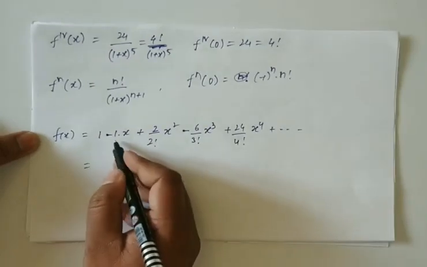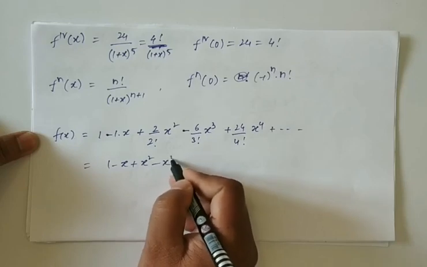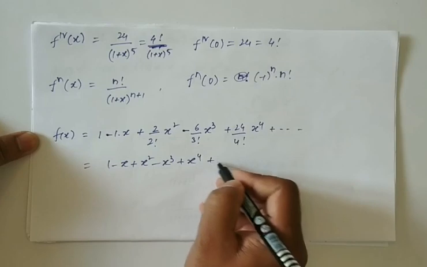So now this is 1 - x + x² - x³ + x⁴ and so on, where 3 factorial and 6 get cancelled, and 4 factorial and 24 get cancelled.